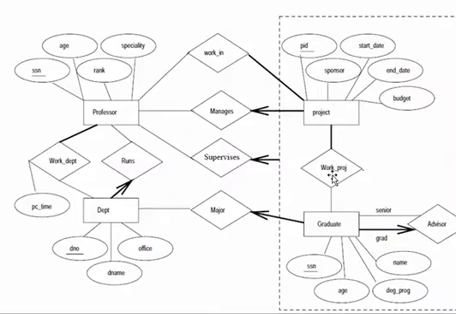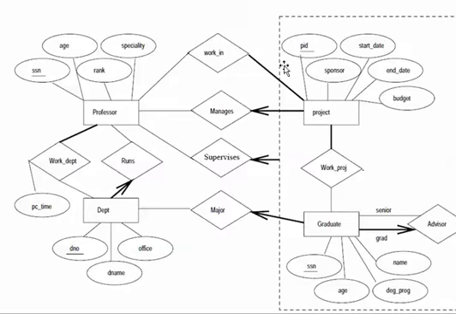Remember that I converted the binary relationship between project and graduate students into a ternary. They put that in a block and add another relationship to it, as if it were an entity set. We're not doing that. However, I just want you to be aware of the notation and the possibility. I don't like that solution. Other than that, it looks the same.